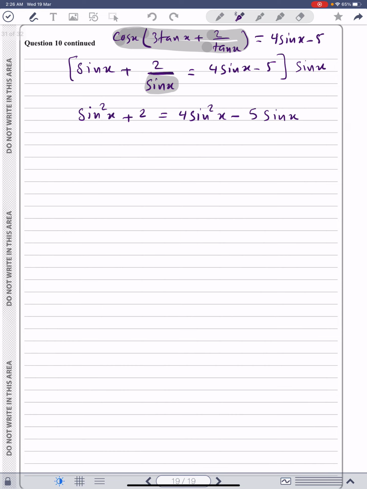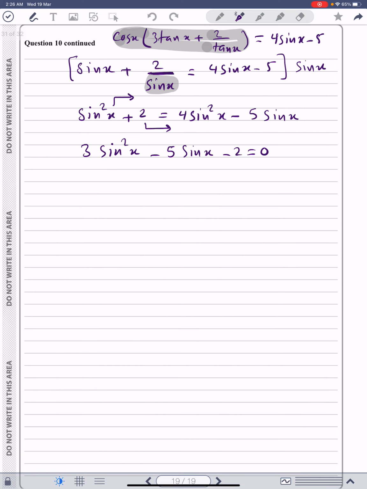By simplifying the equation, 4 sine squared minus sine squared is 3 sine squared x, minus 5 sine x, minus 2 is equal to 0.